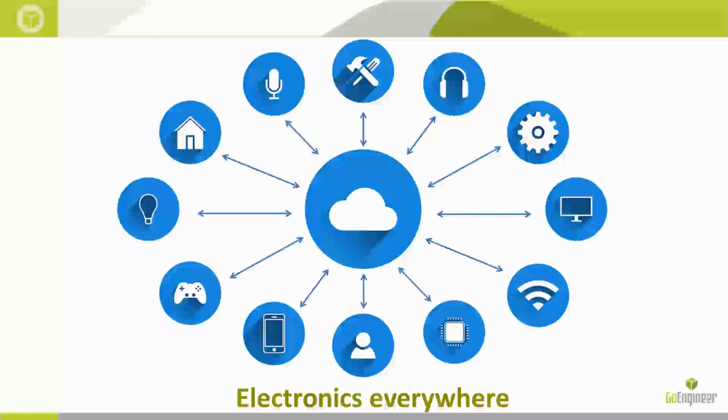We have Alexa, we have Google Home, and all of these are devices that control other things, and that means other things need to have electronics in them as well, which means they produce heat, right? And we want to make sure that this heat is properly ventilated out so that the components don't get too hot, and that's kind of the goal of why this is becoming increasingly important.